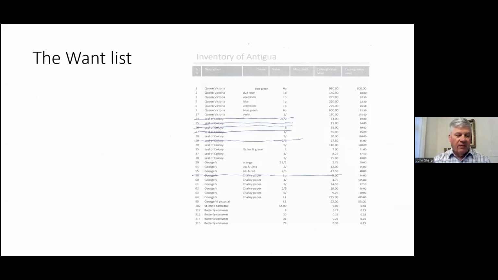In my past life, I was an accountant, auditor, and was comfortable and familiar with Excel spreadsheets, so that's what I use. I started with an Excel template for inventory because it used pivot tables. My listing shows from left to right the Scott number, the description, the color, the value or denomination, whether I've got a mint or used copy, catalog values for both mint and used.